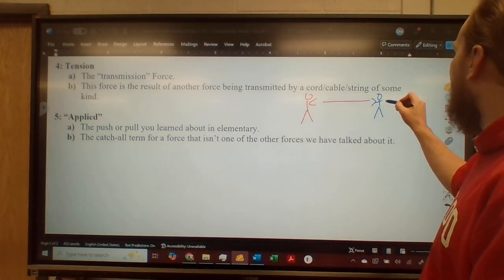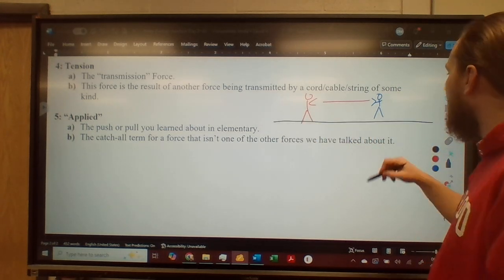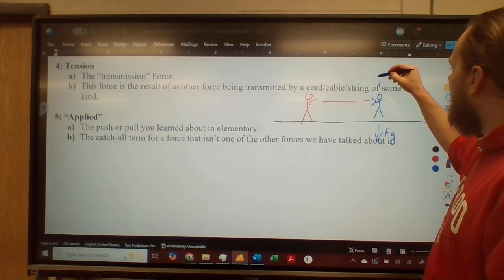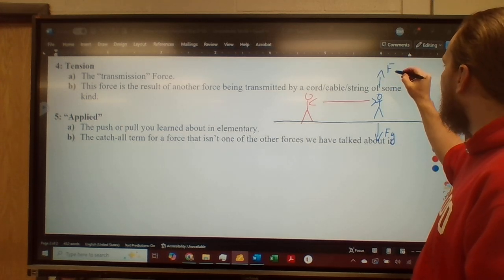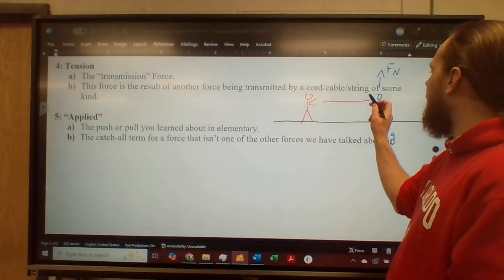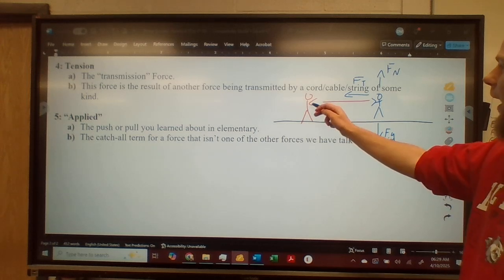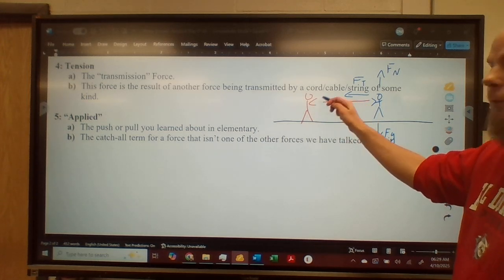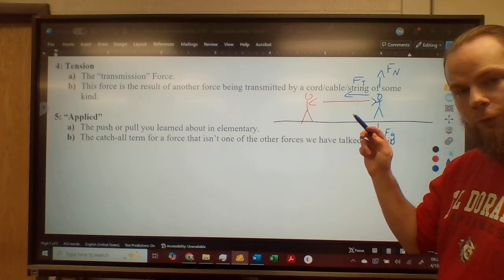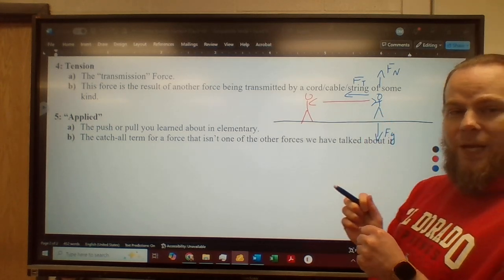Okay, so this guy's tension is going to have a force because they're both on the ground, obviously. So there's going to be weight down, Fg, gravity, normal force up, and he's going to be experiencing a tension force pulling him this way because this guy is pulling on the rope. So his force that he's applying to the rope is being transmitted through the rope to the guy on the other side.